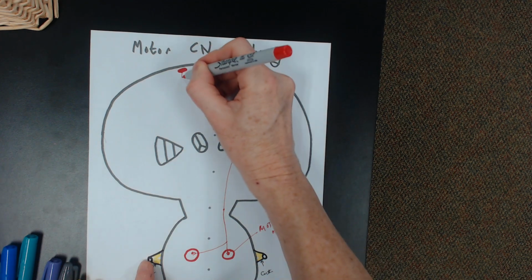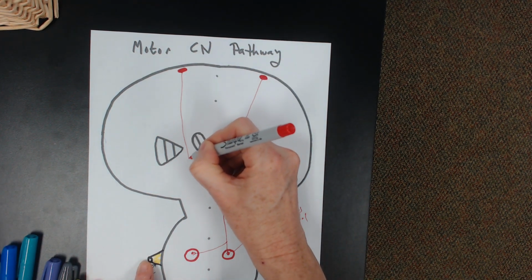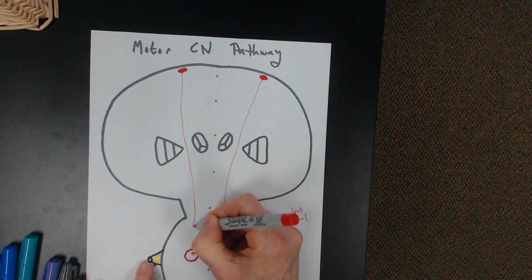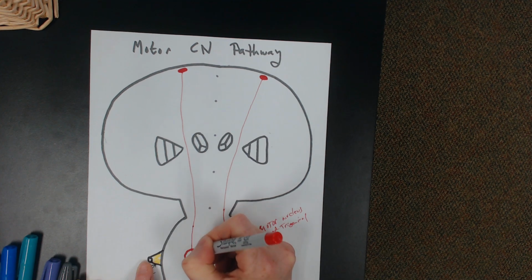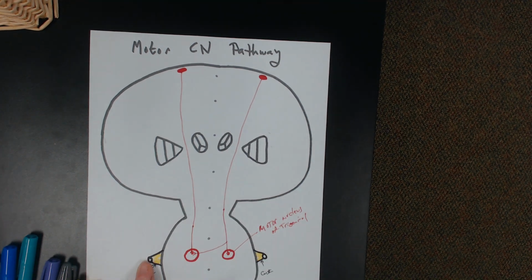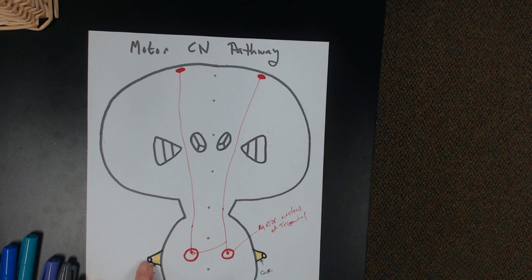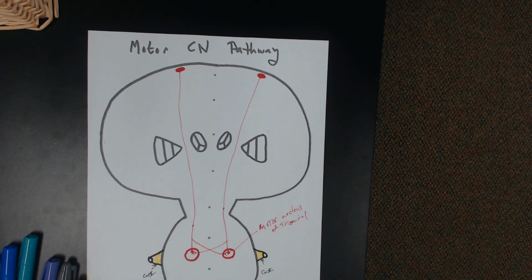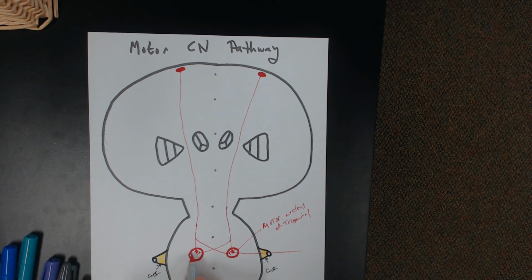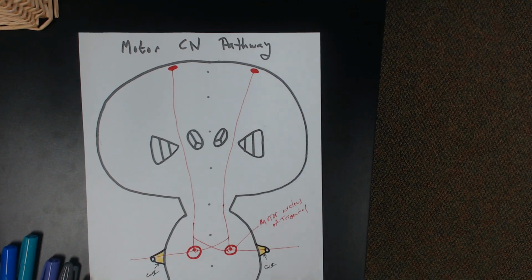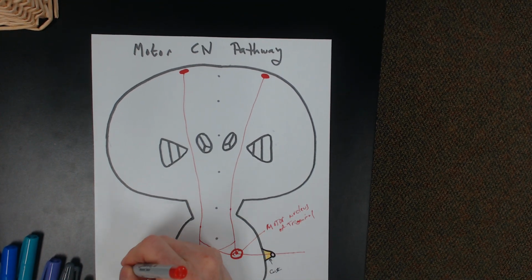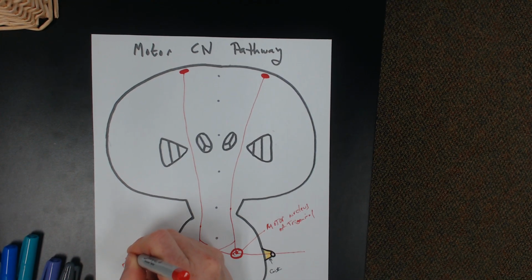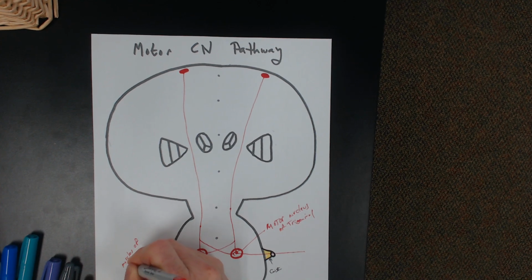Sends out axons, travel here through the internal capsule all the way down and synapse with lower motor neurons ipsilaterally, as well as lower motor neurons contralaterally. So those lower motor neurons then send out axons that travel through cranial nerve 5 and innervate muscles of mastication bilaterally.